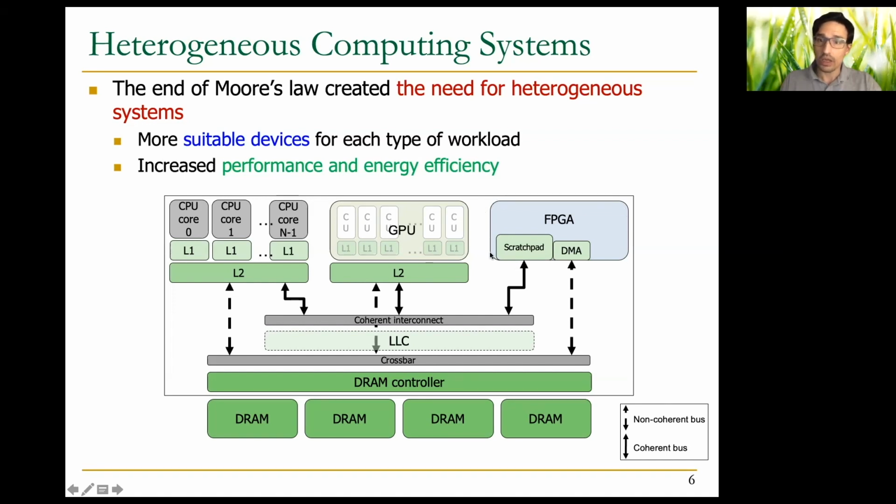And then here we have a reconfigurable fabric or an FPGA, and they are all connected in some way. They may even share a level of cache, L3 in this case, the last level cache, and they may be connected through non-coherent buses and also coherent buses that ensure cache coherency across the different caches.